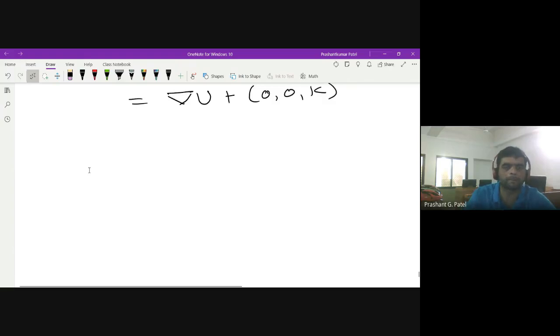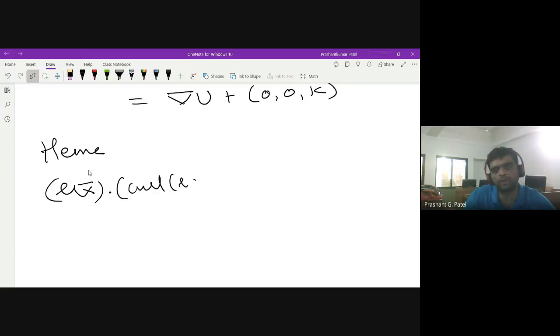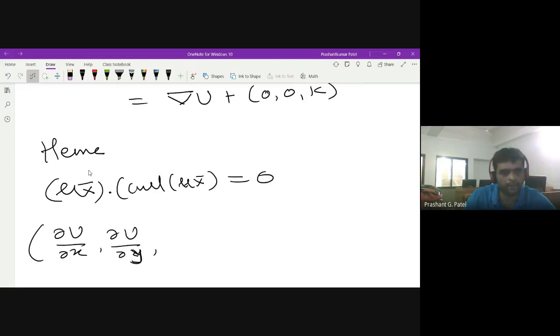Hence, mu X bar dot curl of mu X bar, we have already been given, is 0. If I substitute this value here, then this mu X bar is del u by del x, comma del u by del y, comma del u by del z plus K, dot product with curl of mu X bar.